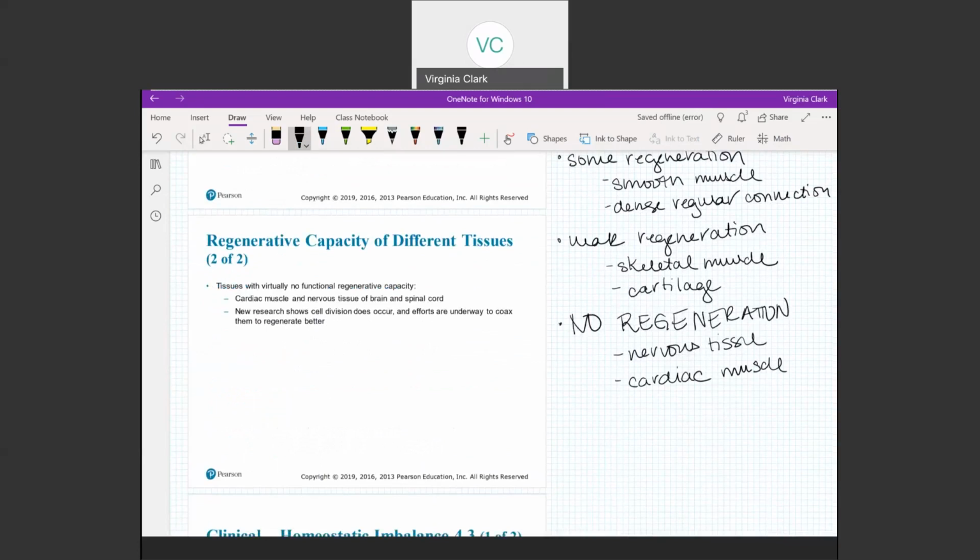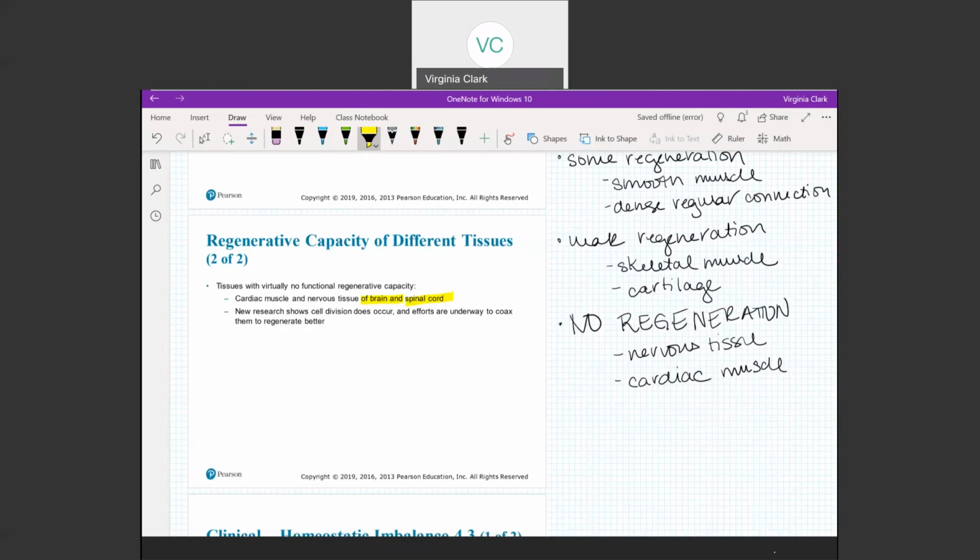This is why spinal cord injuries and any kind of stroke or traumatic brain injury cause so many clinical problems, because this type of tissue does not have the ability to heal itself or to regenerate after any kind of damage or injury. Cardiac tissue also does the same thing.